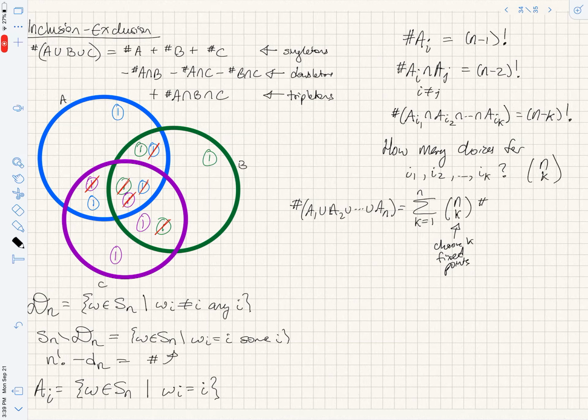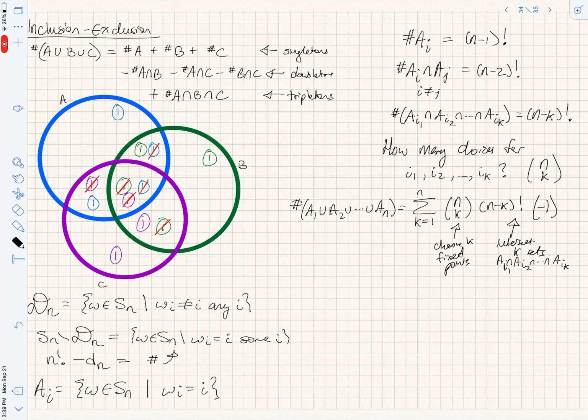And now you're going to take the cardinality of A_i1 intersect up to A_ik. The point is it doesn't depend on what your choice is. And we've seen what this is: it's (n minus k) factorial. The point is it doesn't depend on which sets you pick.